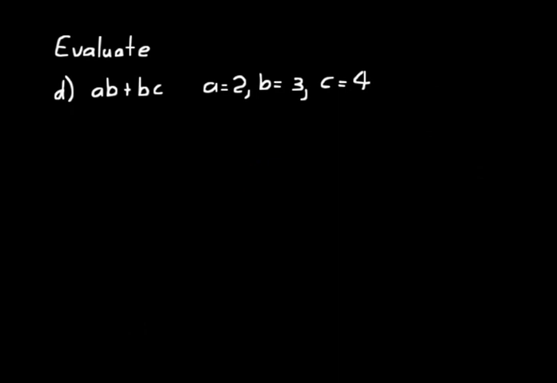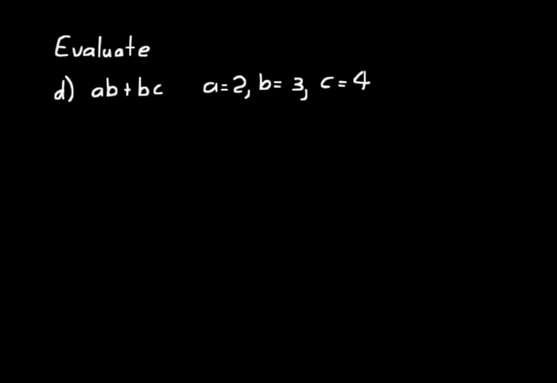Now let's do some evaluation problems that we'll also need to work with our order of operation steps on them. Remember back in lesson 41 when we did some evaluate problems, and all you do is they'll give you some numbers to substitute in for the letters in that particular expression. And look at practice problem D. We have A times B plus B times C. So the first thing we want to do is substitute our numbers in for the letters.